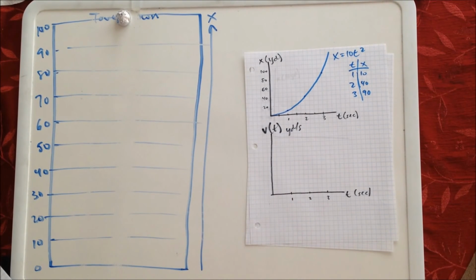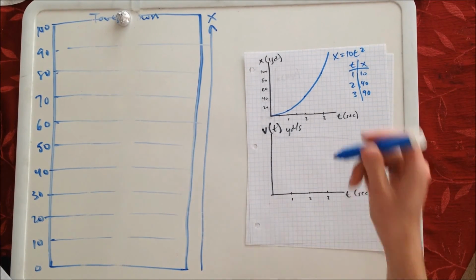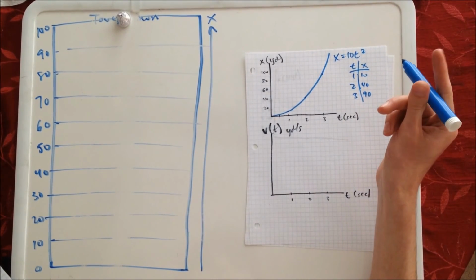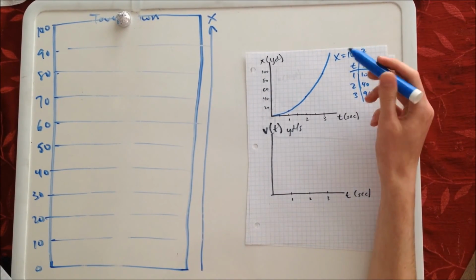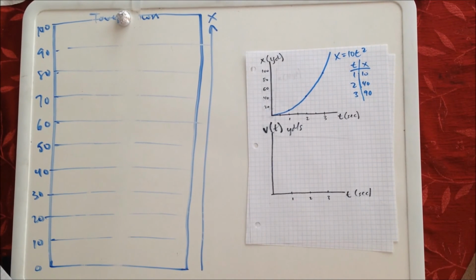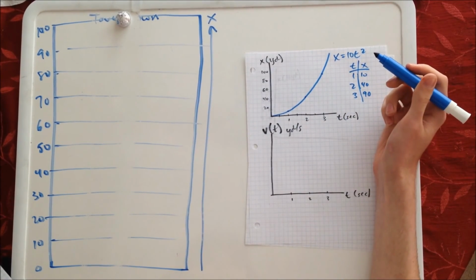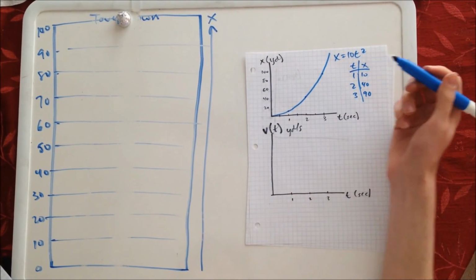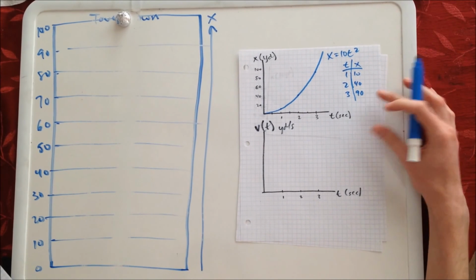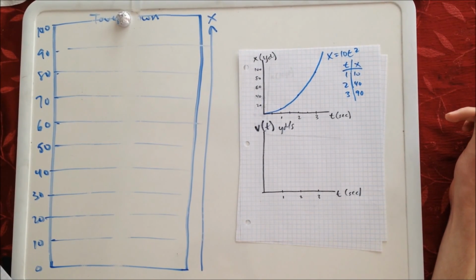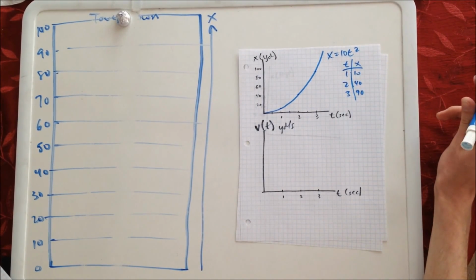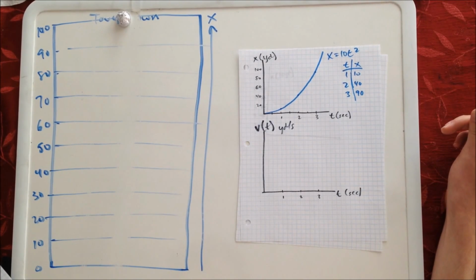So what we did before is we just took the slope by doing delta x over delta y. But on this graph, since it isn't a line, we can't do that. We have to use a process using limits. And I'm going to describe probably in the future more in depth how we actually use the limits mathematically. I'm just going to kind of explain it in practical terms for now.